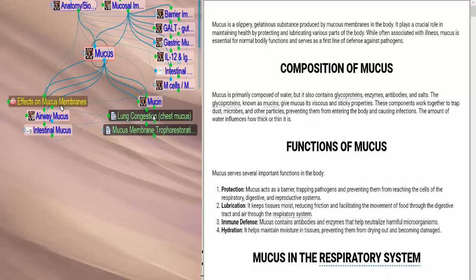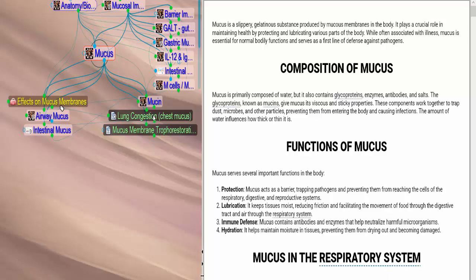What's it composed of? Primarily water, which is why we need to stay hydrated. It also contains glycoproteins. Now, glyco refers to a carbohydrate or sugar, and you know what proteins are. So glycoproteins are proteins that have carbohydrate molecules attached to them. There are many different kinds. It contains enzymes, antibodies, and salts.